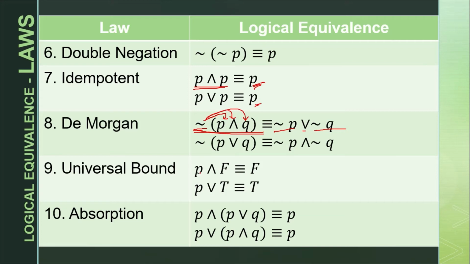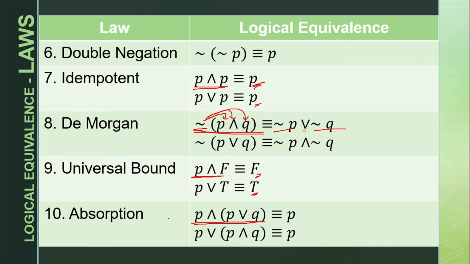Then we have universal bound. When you conjunct any statement with false, that will always be false. When you disjunct any statement with true, that is always true. And we also have absorption. Now, take note of this. This is different from distributive. Why? Because in distributive, you have three different variables.